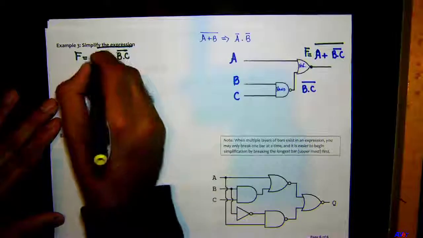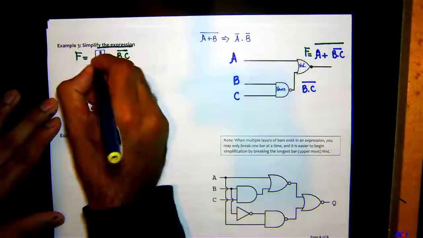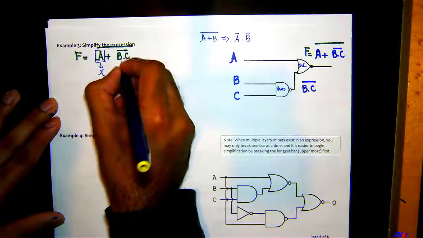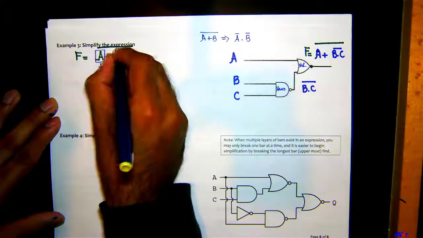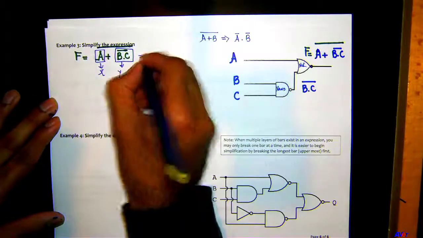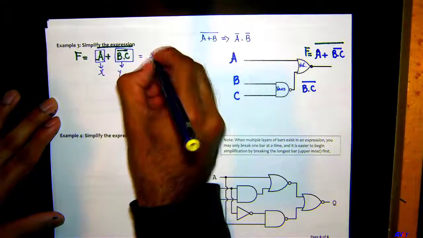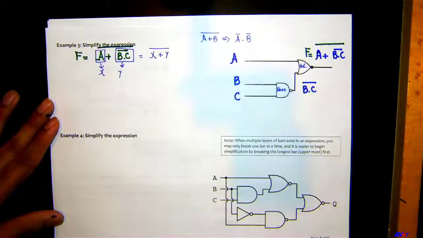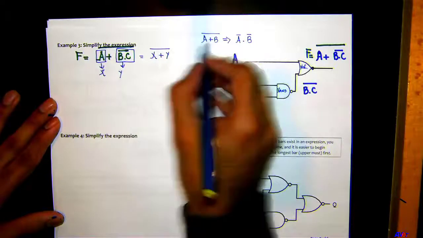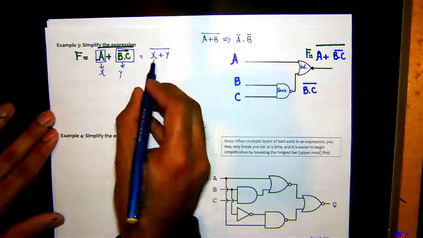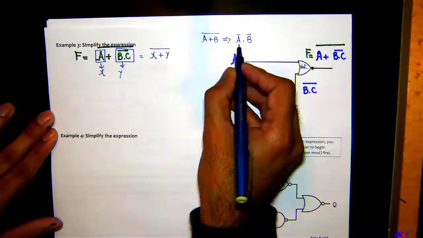You can think of it as, say this is your X, and say this is your Y. So I can technically write this equation as X plus Y and then bar on the whole thing, correct? And we know A plus B bar on the whole thing is equivalent to A bar dot B bar. Can I transform this equation into this, right?